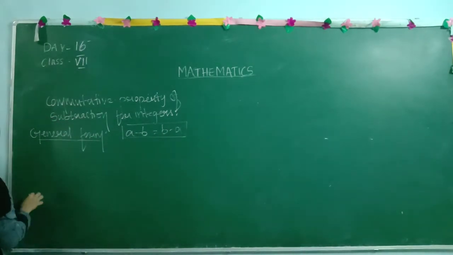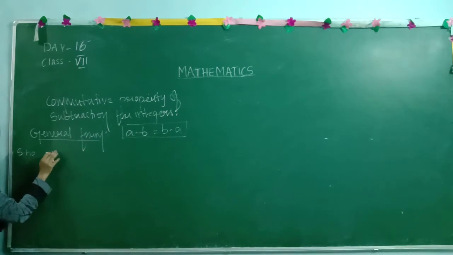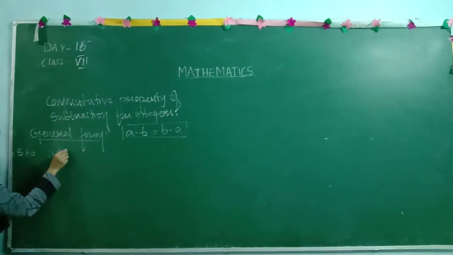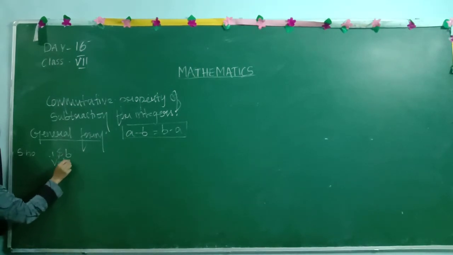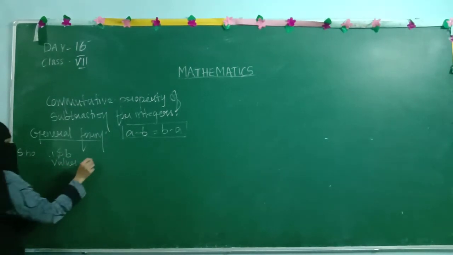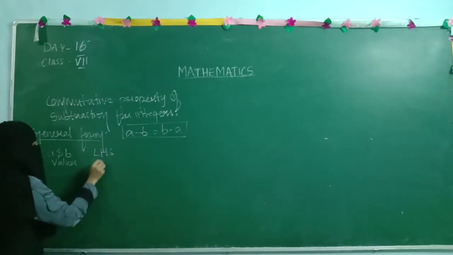Let's first draw the table. Serial number, a and b values, then LHS. What is LHS?